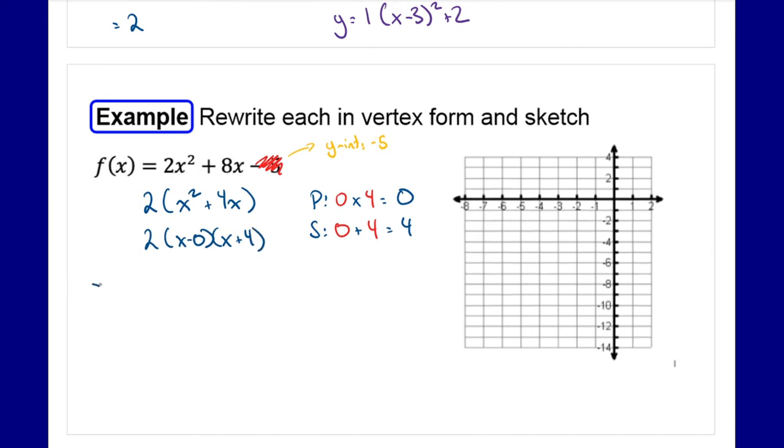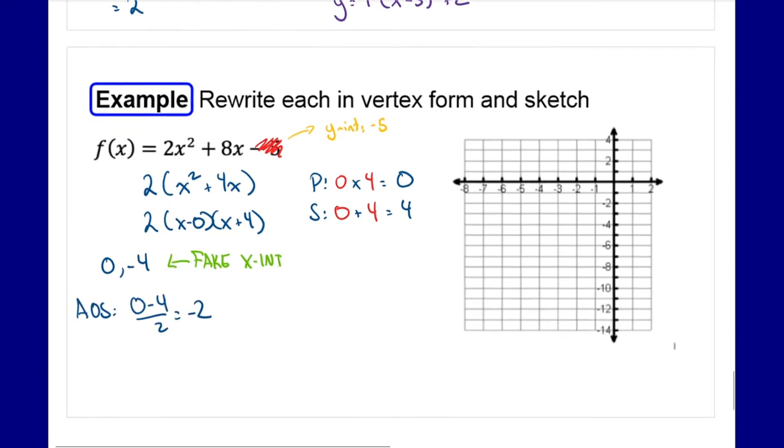So my two fake x-intercepts will be 0 and -4. I can find the axis of symmetry by adding those two together. So 0 minus 4 divided by 2 is -2.